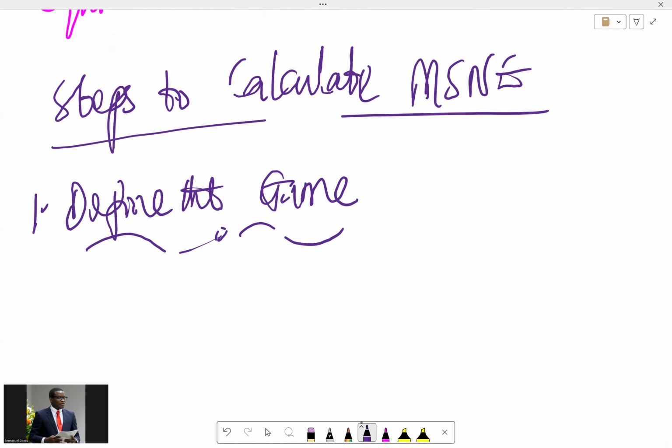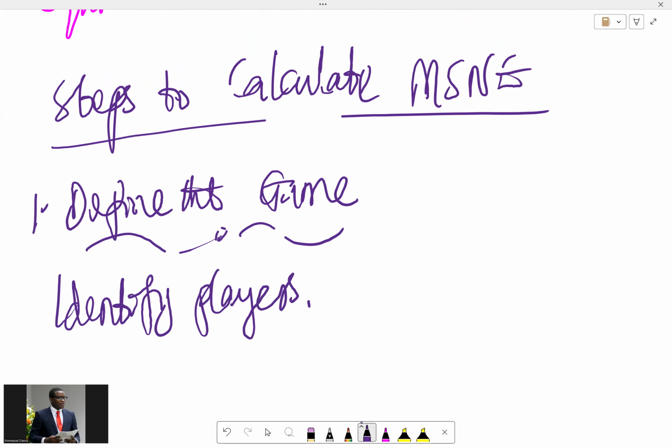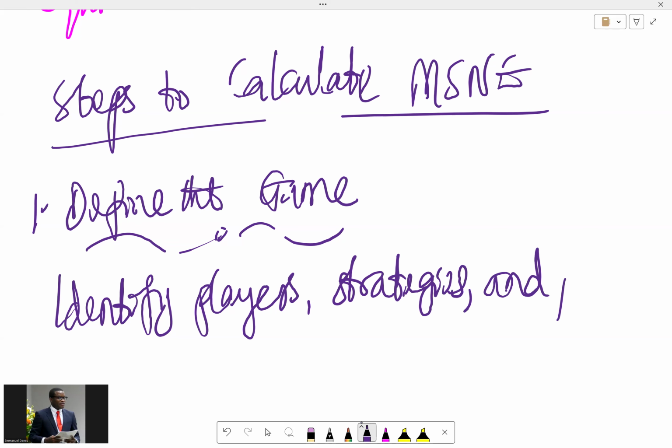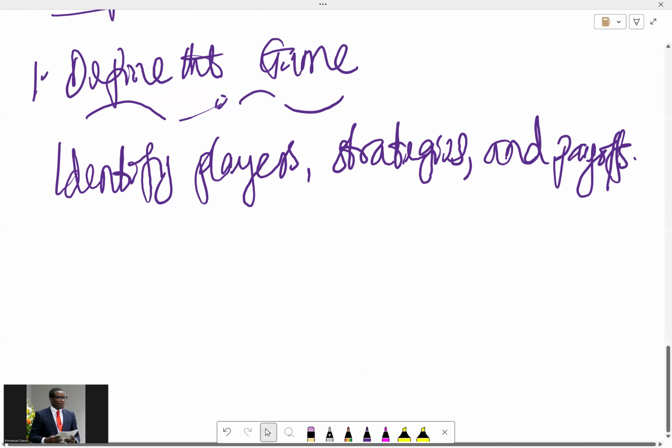By that we mean identify the players, strategies, and payoffs. So that's how to define a game. You need to know the players, the number of players there, their strategies, and their payoffs.